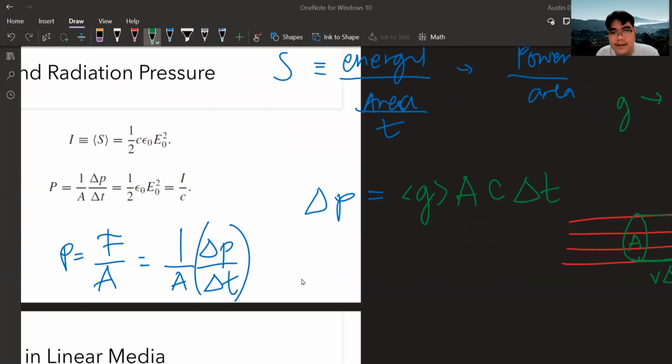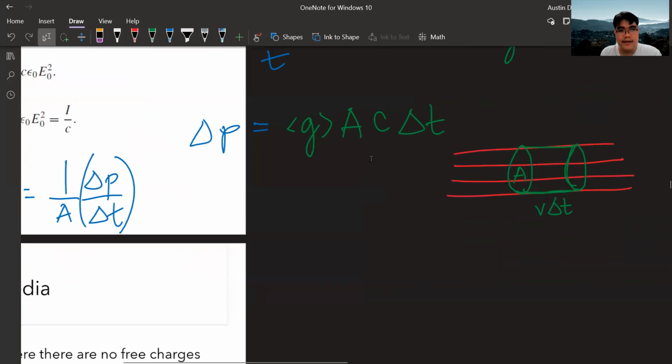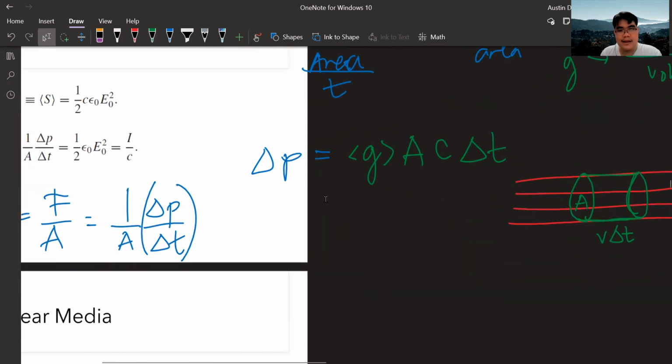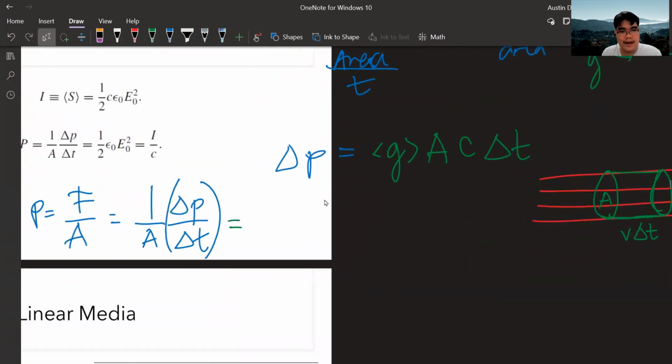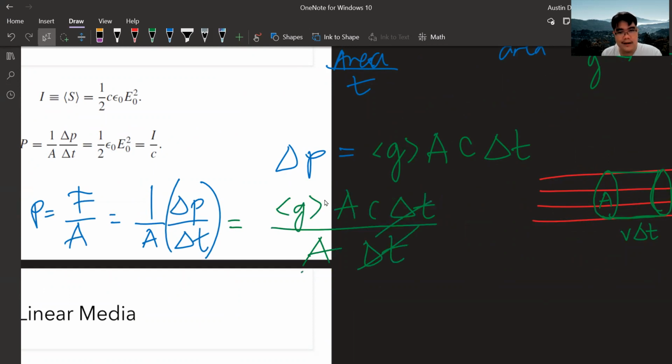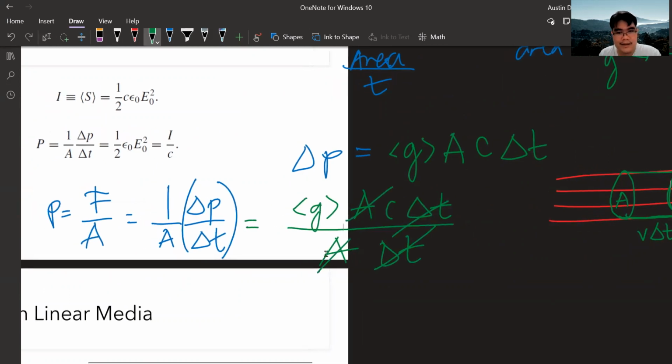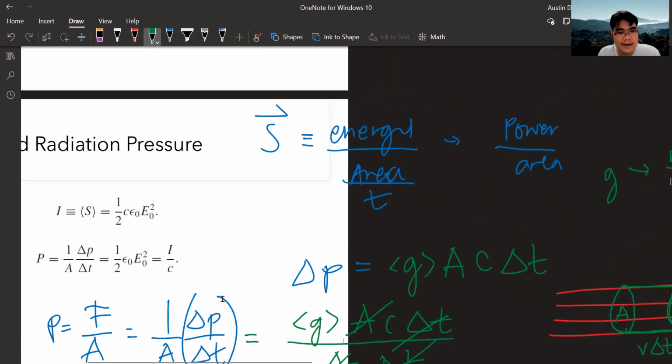Double check ko lang, guys. Okay. A C delta T. Okay, so we have this delta P. Therefore, if you plug in that guy into this guy, delta G, time average of G, sorry, A C delta T all over A delta T. Therefore, C times the G. Okay?